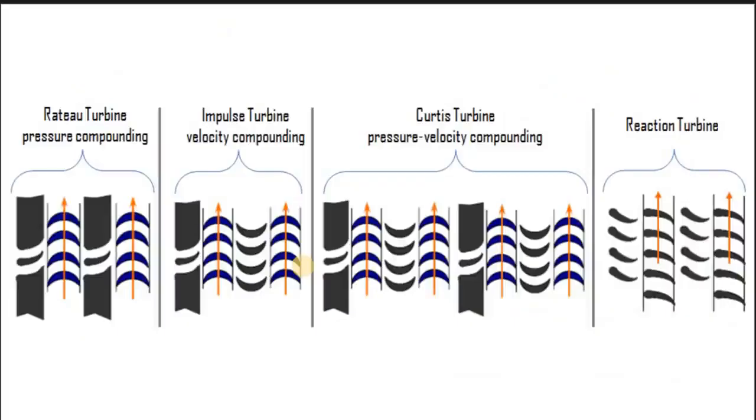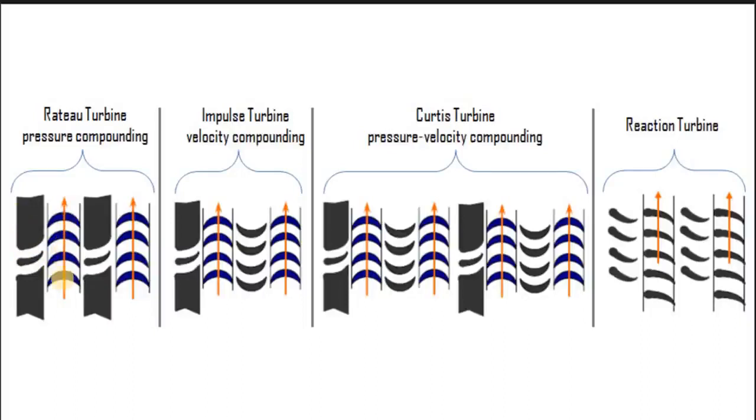Here you see a summary of all different types of compoundings which we have studied in this chapter of steam turbine. So here you can see these are fixed nozzles and turbine blading, and the shape of the blade tells us that it is an impulse turbine.